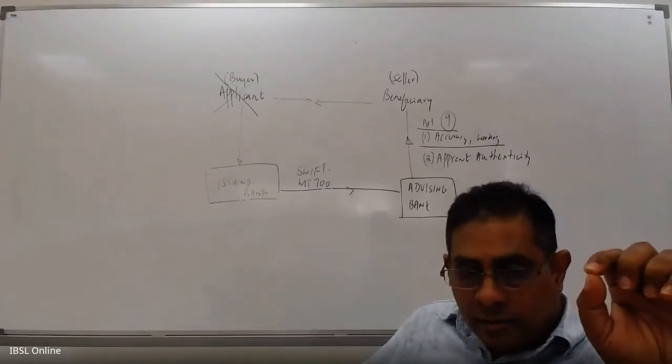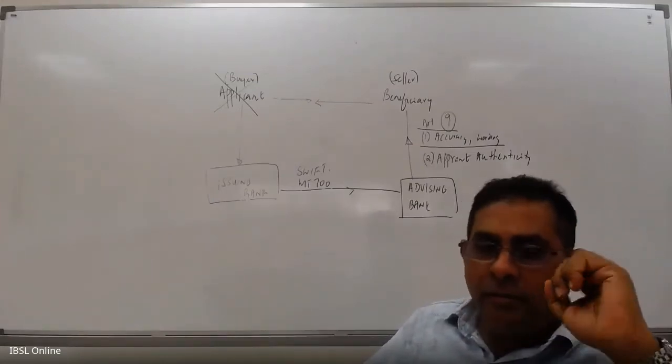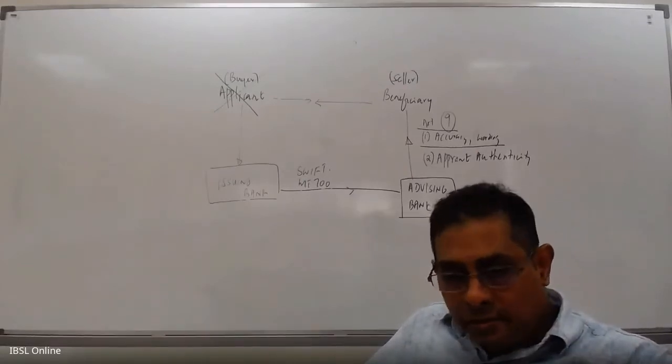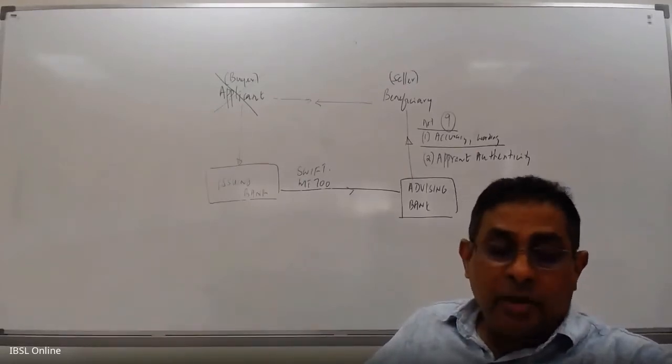Write it in point form. Apparent authenticity, that is simple A, point one. B, those are the exceptions.